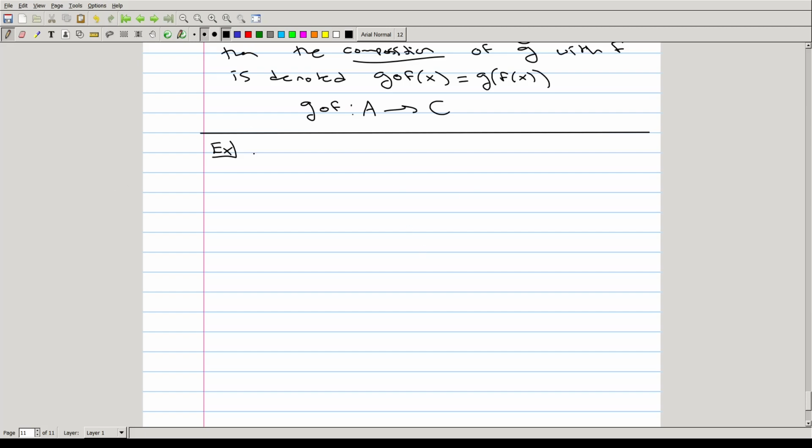But just for example, let's say we take two functions, f, where f is the factorial function that we defined before, and the function g to be the function n squared.